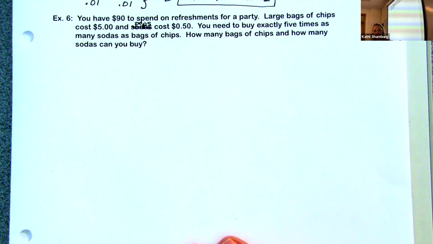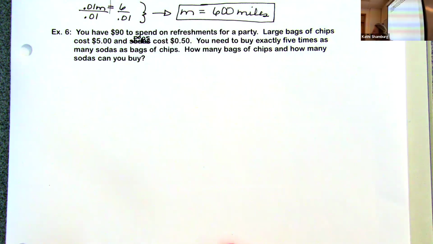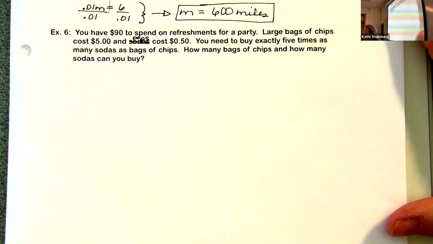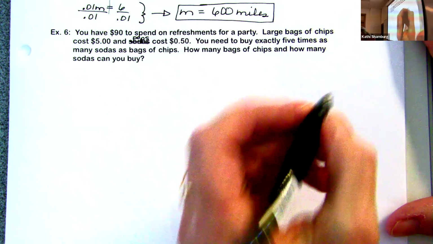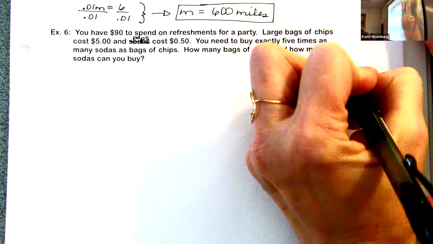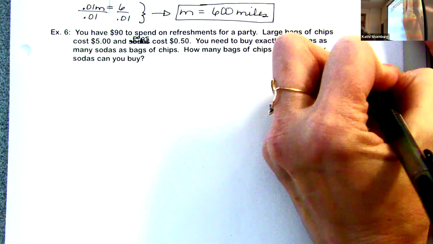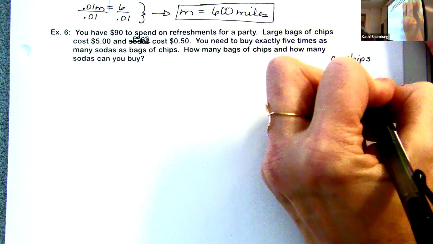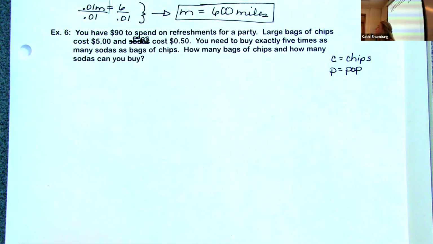Okay, so this is a little bit similar to the nickels and dimes. And so I'm going to show you how it's similar, and then I'm going to show you where it's different. Okay, so I'm going to call C chips. And then pop. The reason, S sodas, S looks too much, but I don't like using the variable S in an equation.